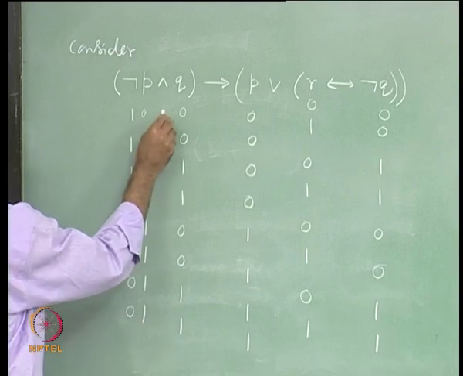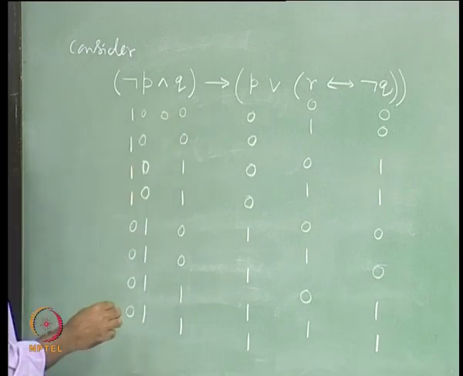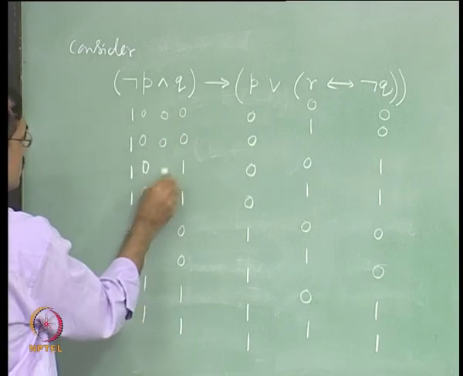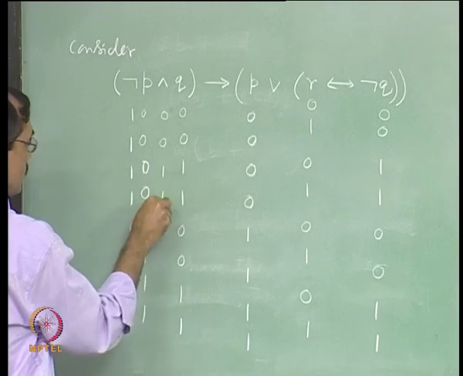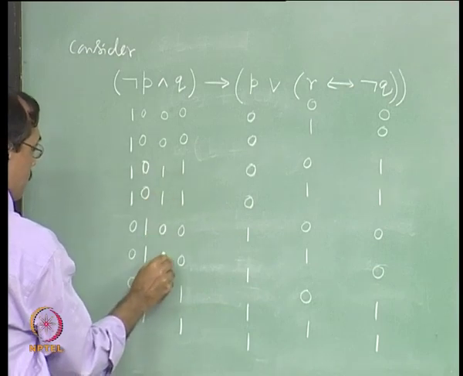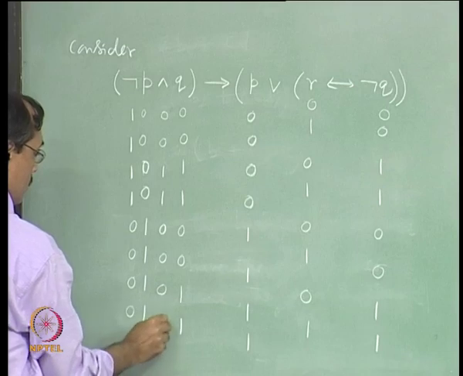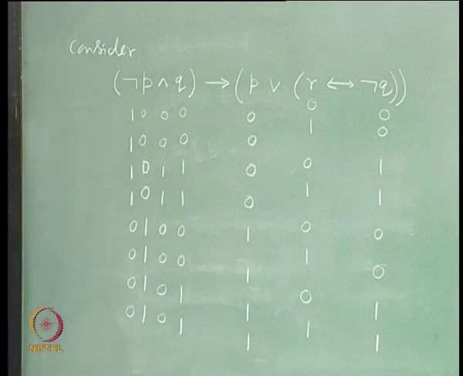So, that becomes 0 here, I will write below it 0. Is it right? AND becomes 1 when both of them are 1, otherwise it is 0.